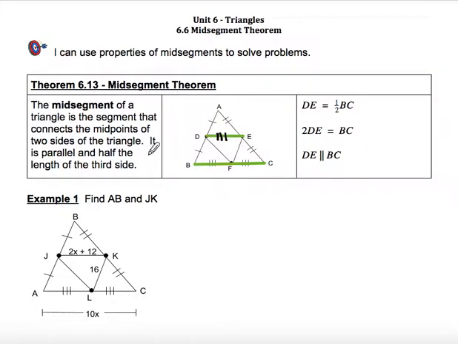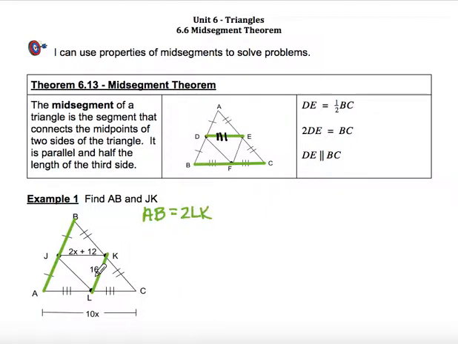So in this example, the first thing says find AB and JK. Looking at AB, that's a side of the triangle. The midsegment that corresponds is LK. So if I'm thinking about AB and LK, AB is the side, so AB is twice as long as LK.